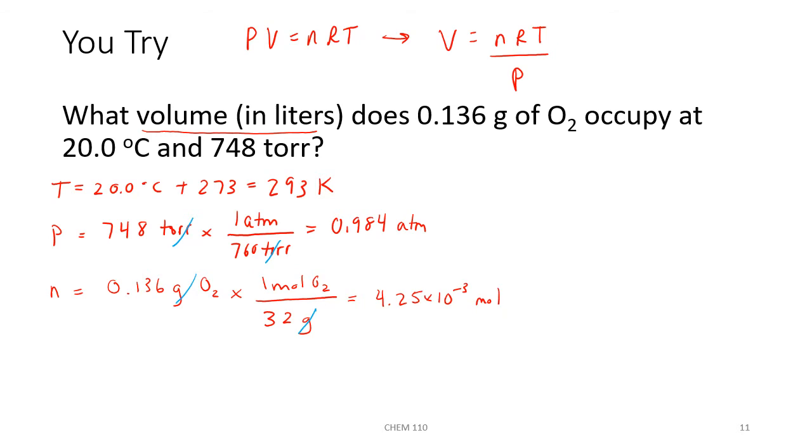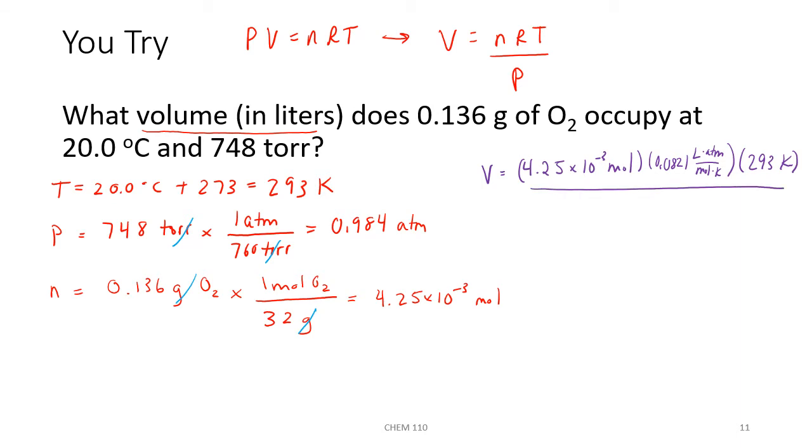Now we have everything we need in order to solve for our volume. Our volume will be equal to N, which is our moles, 4.25 times 10 to the negative 3rd moles, times R, which is 0.0821 liters times atmospheres over moles times Kelvin, times our temperature, 293 Kelvin, divided by our pressure, which was 0.984 atmospheres.